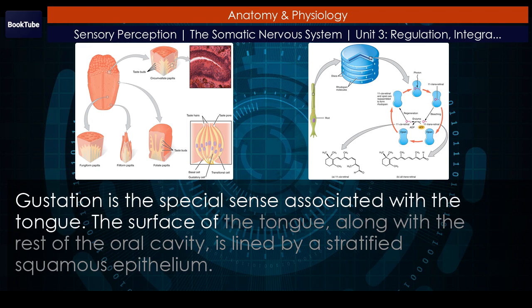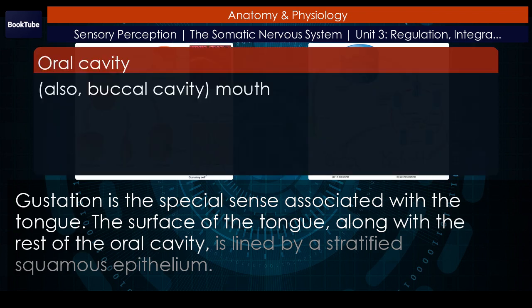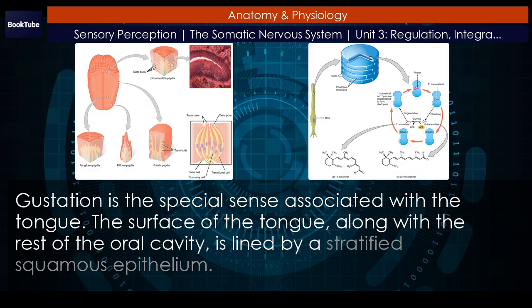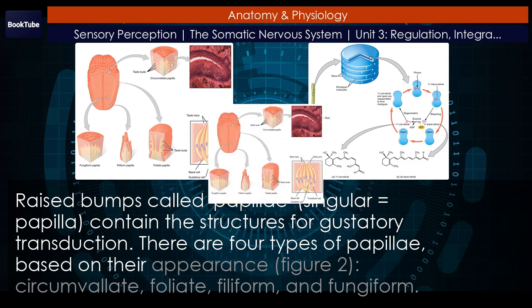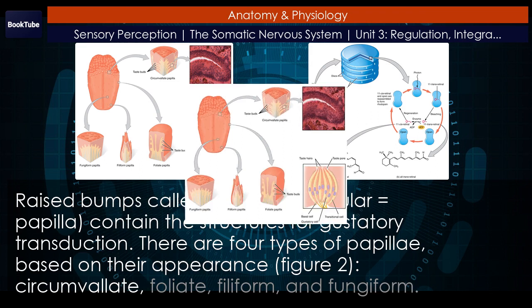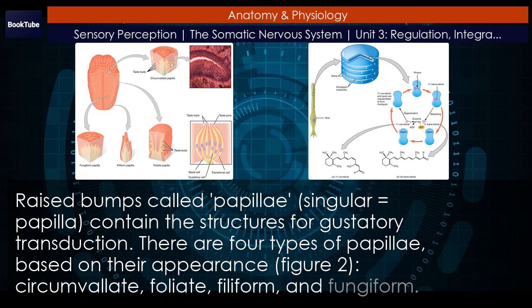The surface of the tongue, along with the rest of the oral cavity, is lined by a stratified squamous epithelium. Raised bumps called papillae, singular papilla, contain the structures for gustatory transduction. There are 4 types of papillae, based on their appearance. Figure 2. Circumvallate, foliate, filiform, and fungiform.